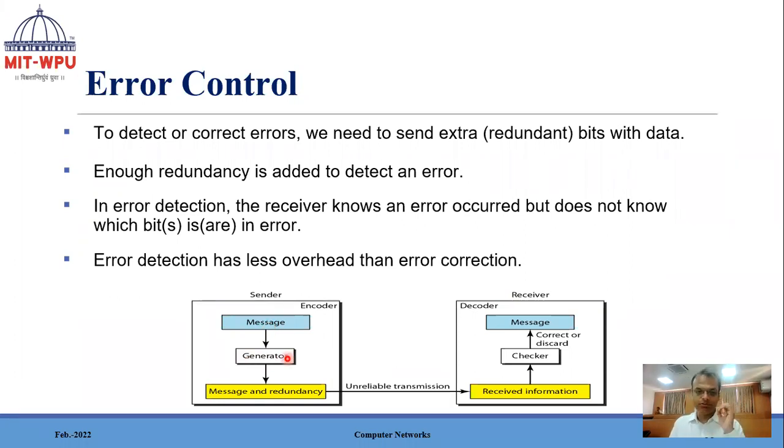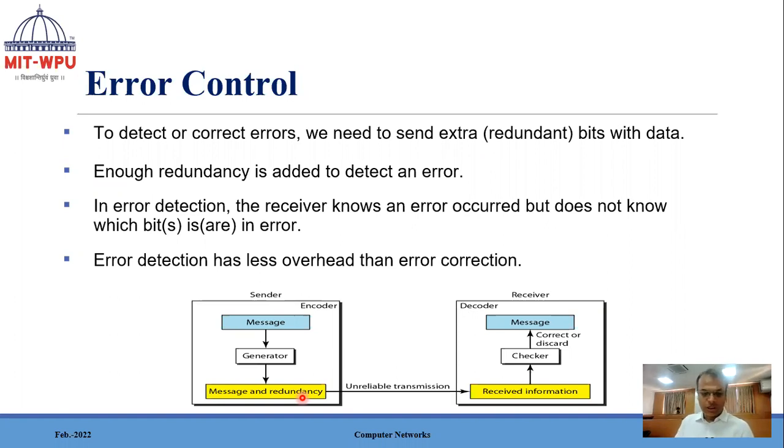Then you have a generator code which generates some form, and with that form you can add some more information about that data, and think of how that can be checked. So with the original message, some redundancy you have to add to the data, so that you can check whether there is an error or not.